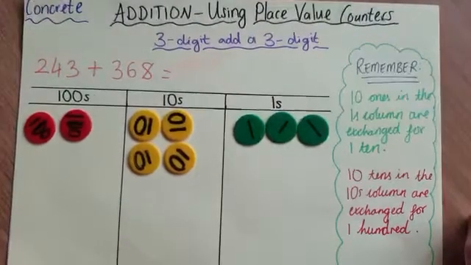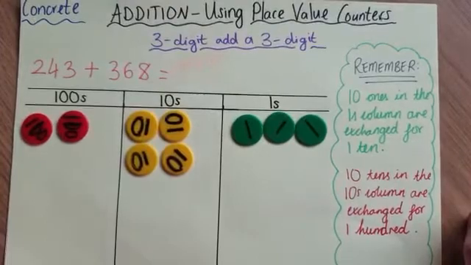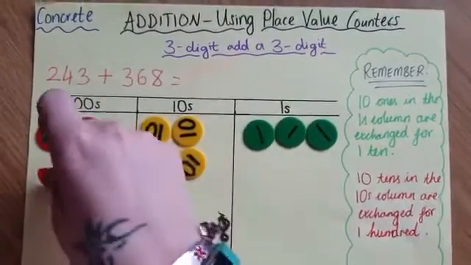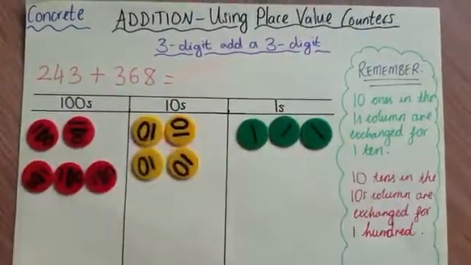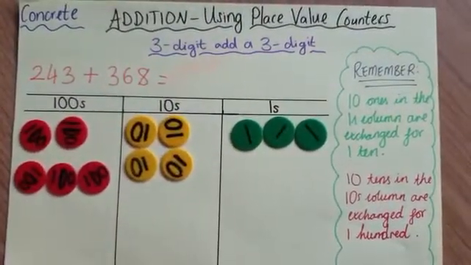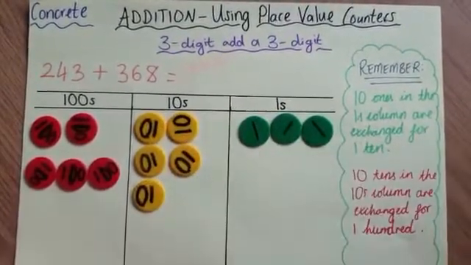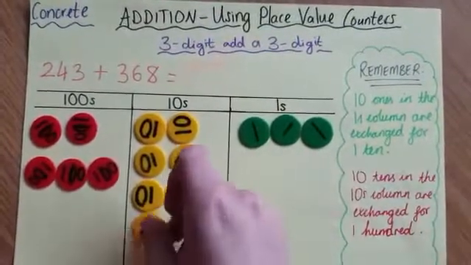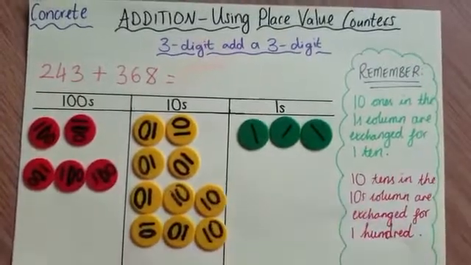Now we're going to add 368. So I'm going to count another 3 hundreds, 100, 200, 300. And now I'm going to add my additional 6 tens, 10, 20, 30, 40, 50, 60.